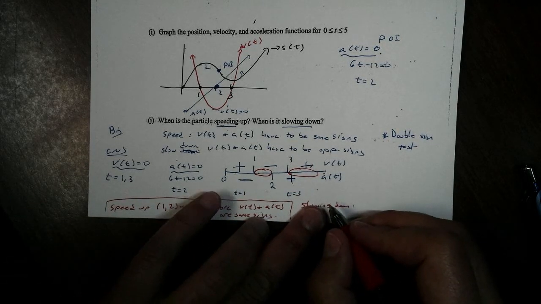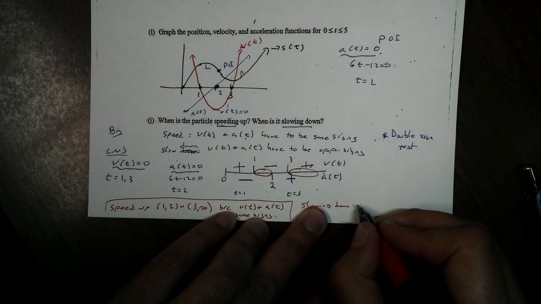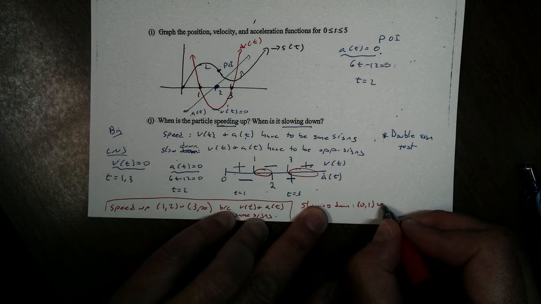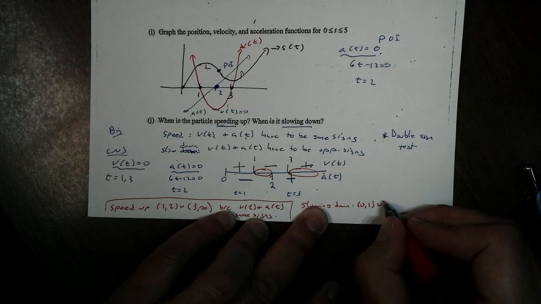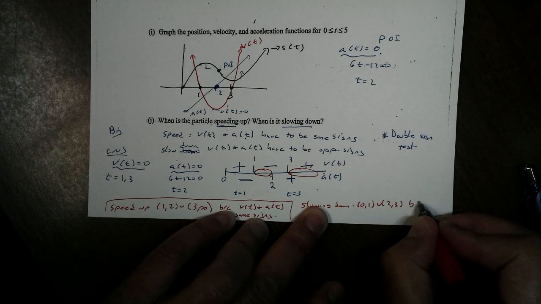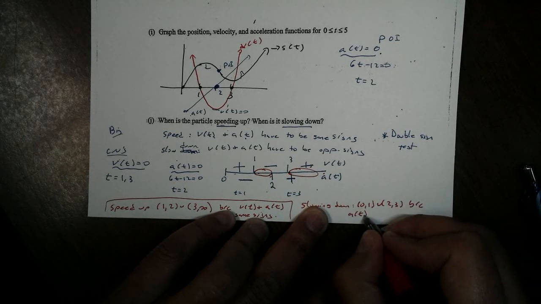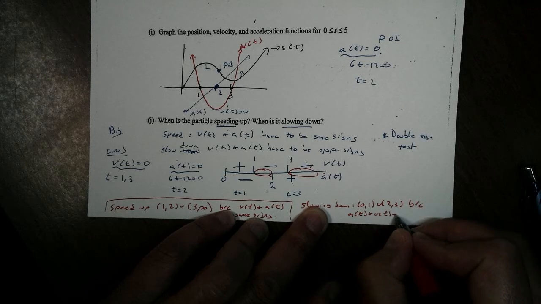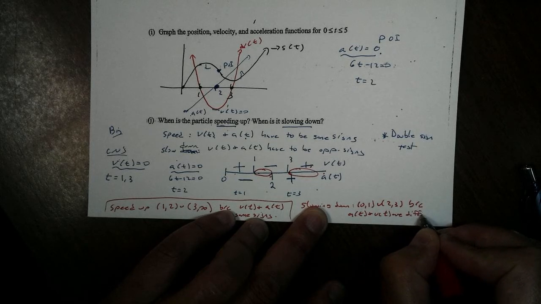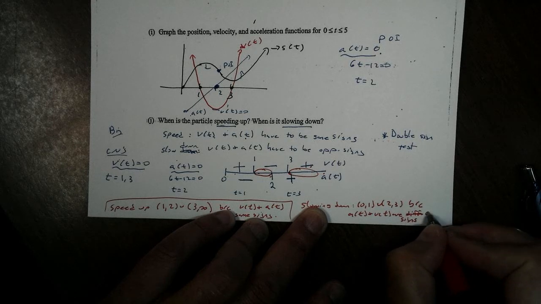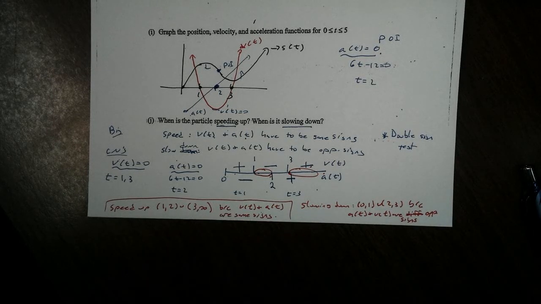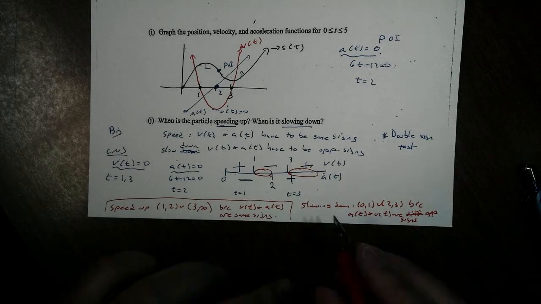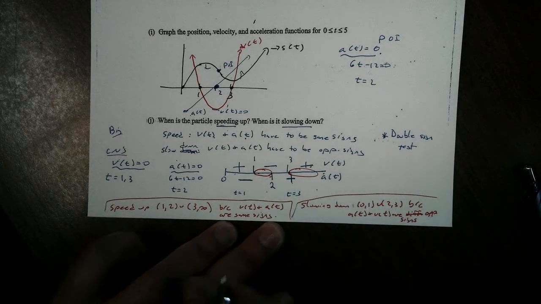So we're slowing down between 0 and 1, or between 2 and 3, because a of t and v of t are opposite signs. Different would be okay too, but opposite is a better choice of words for this example.